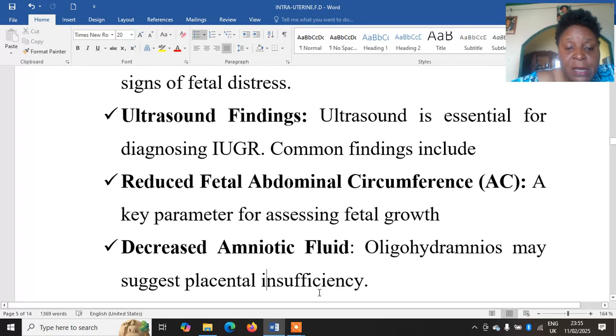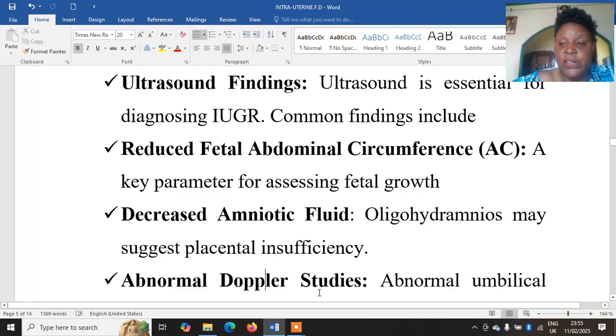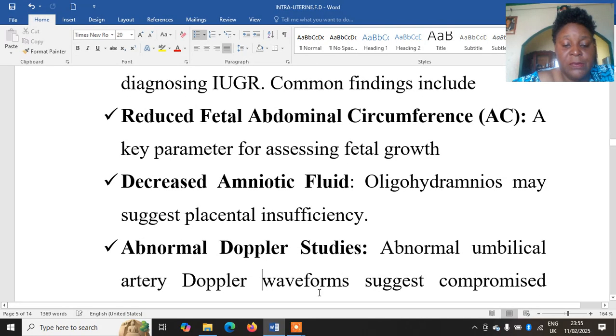Then on examination, again, it can detect decreased amniotic fluid, which is oligohydramnios, which also suggests placental insufficiency. And remember, placental insufficiency is key to leading to intrauterine fetal distress.